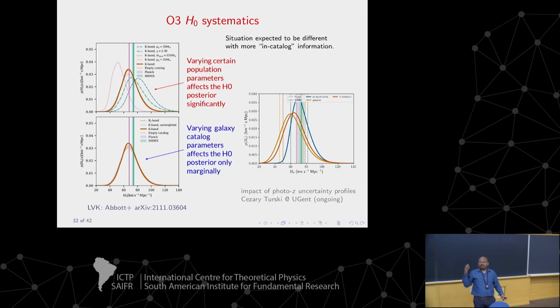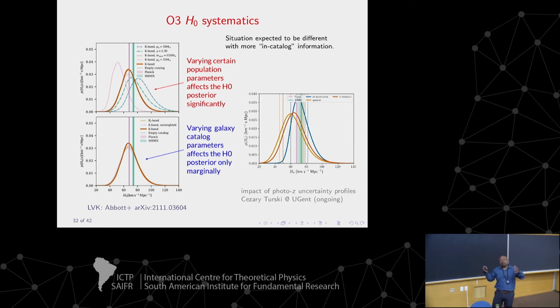Of course, we are trying to make a precision measurement, so it's important to ensure that systematic effects are smaller than statistical uncertainties. So we try to assess all our systematic effects. It turns out that at the current stage, systematic effects coming from population parameters are smaller than systematic effects from galaxy catalog parameters.